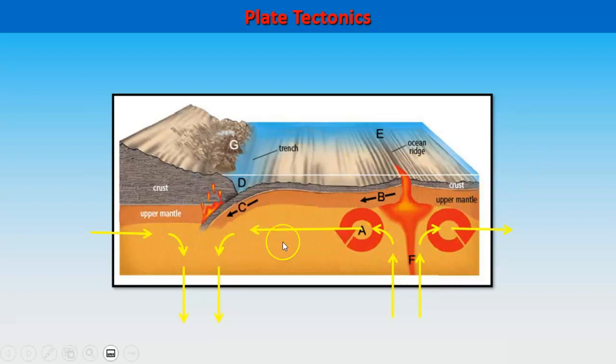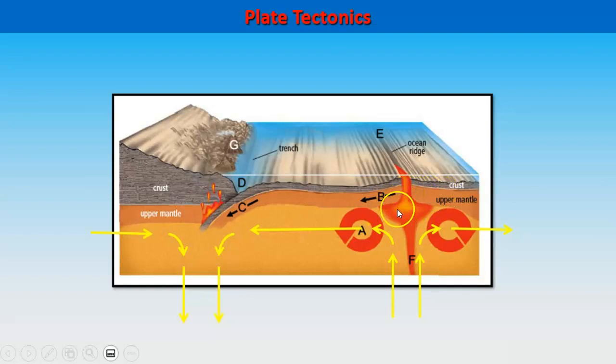So here's a diagram of plate tectonics with some convection going on. The idea is that the convecting mantle is coming up here, bringing material from deep inside the Earth. As it gets close to the surface, the pressure is low enough, but the temperature is still high enough that we start to partially melt the mantle, and those little melts collect together to form a chamber, a place where we have a large amount of molten material.